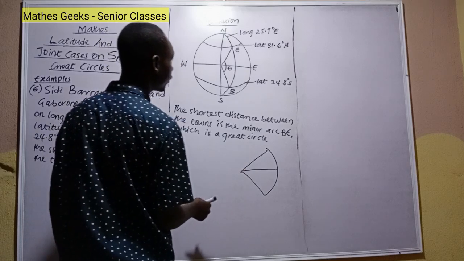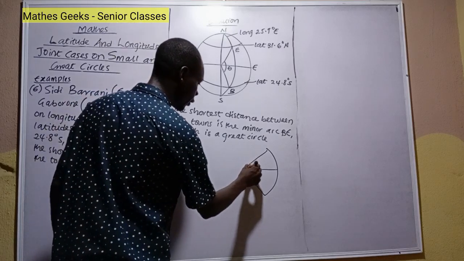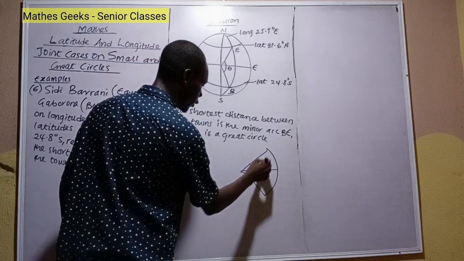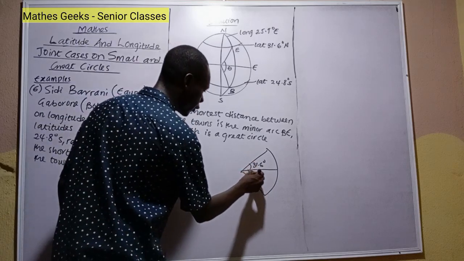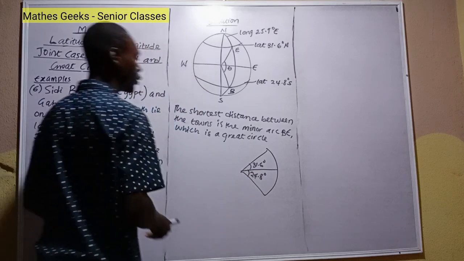The latitude of E is 31.6 degrees, and the latitude of B is 24.8 degrees.